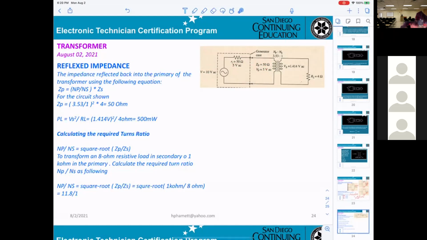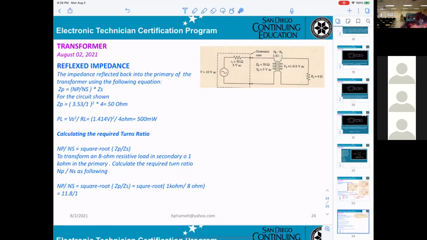Now you get a primary of 5 volt, you're able to calculate the secondary by 5 volt times 1 divided by 3.53, and that gives you 1.414 volt.